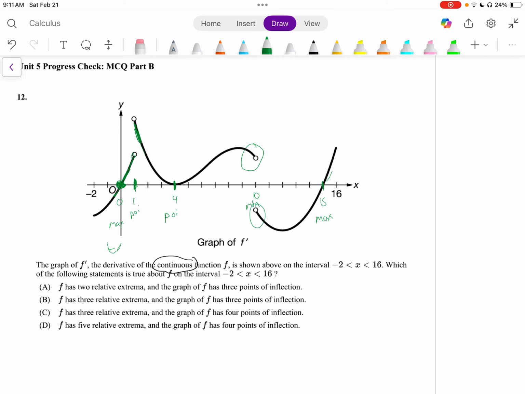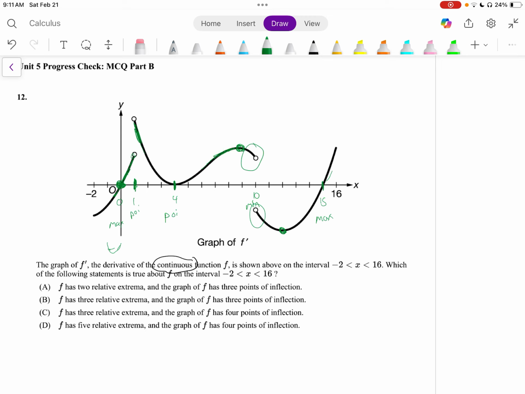All right, so right now we have 2 points of inflection and 3 extrema. However, we do need to keep looking. We have to be careful. This maximum point and this minimum point do give us something because our slope is increasing.